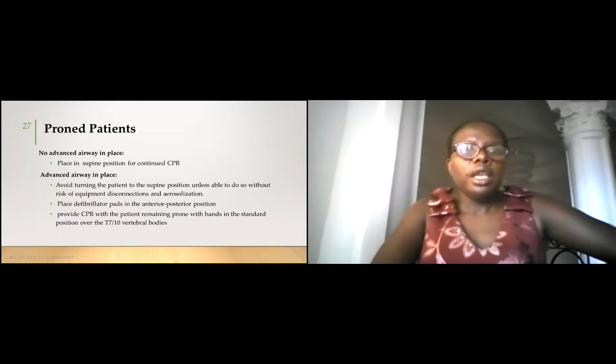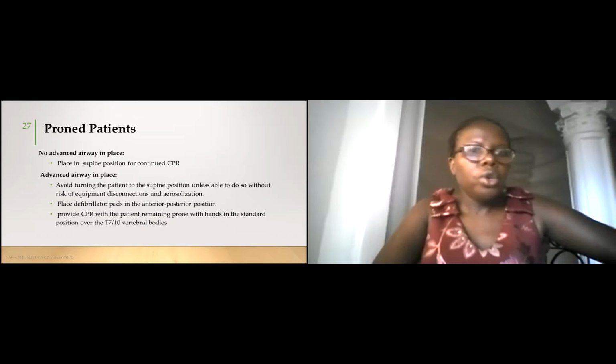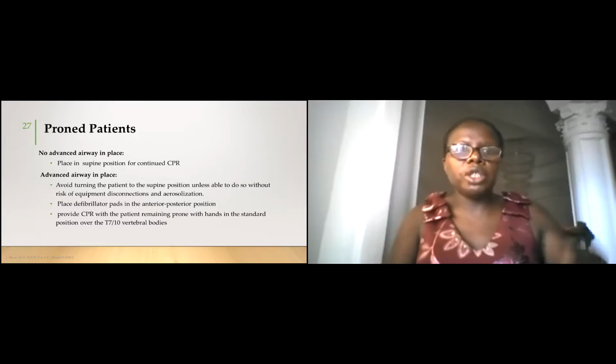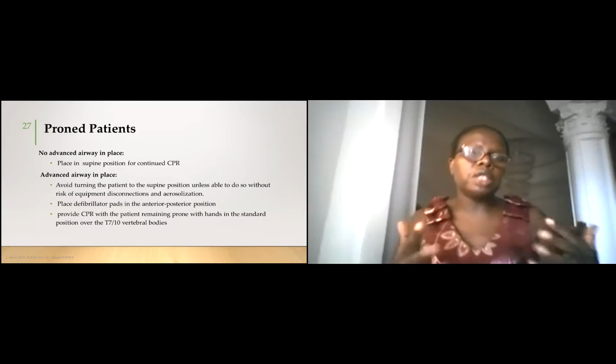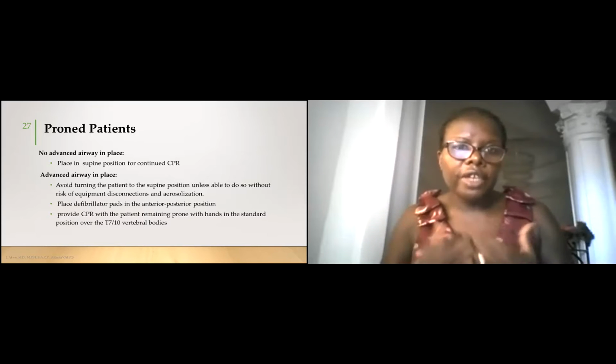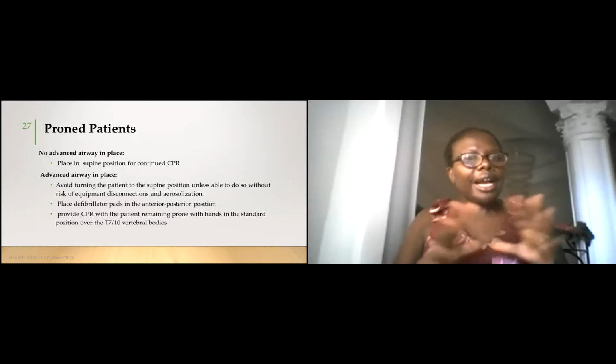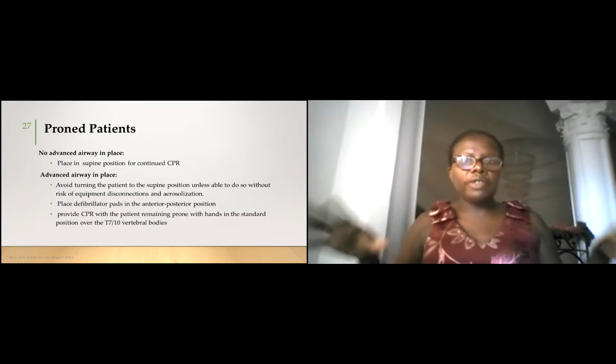If a patient is in a prone position and does not have an advanced airway in place, you have to turn the patient to a supine position, because it's almost impossible to get an advanced airway in a patient who's in a prone position. But if the patient already has an advanced airway, you want to leave that patient in that position.